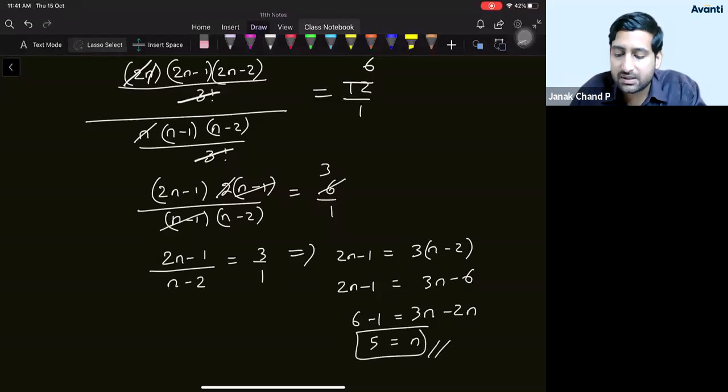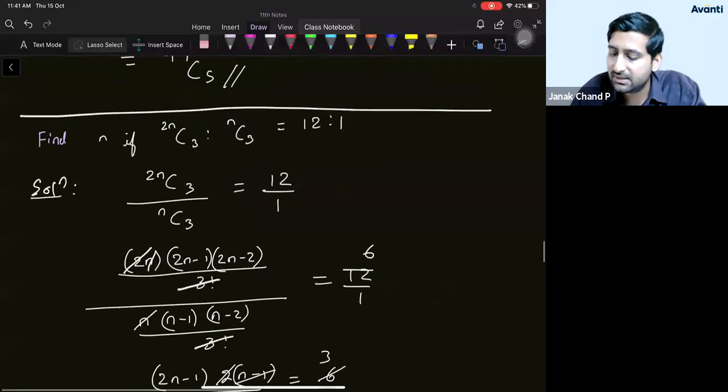Fine students, we have already solved this kind of question earlier in permutation also, right? Keep only this much in your mind. If the value of r is known, whether it is permutation or combination, use the shortcut. What is the shortcut? Multiply these many number of times. If it is permutation, that's it.